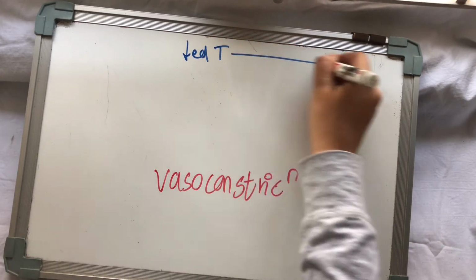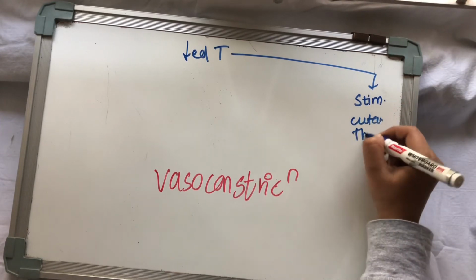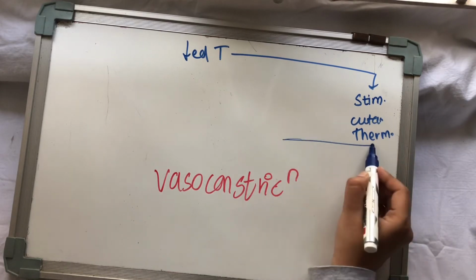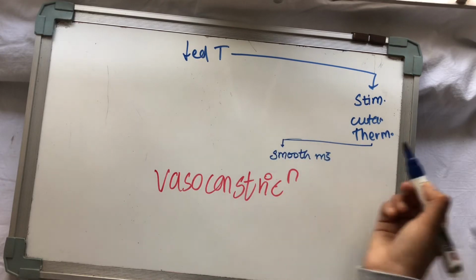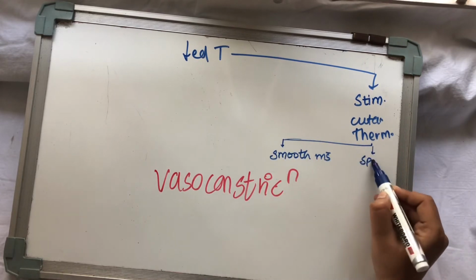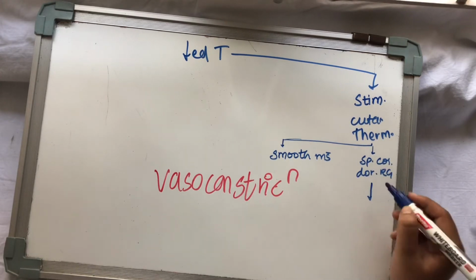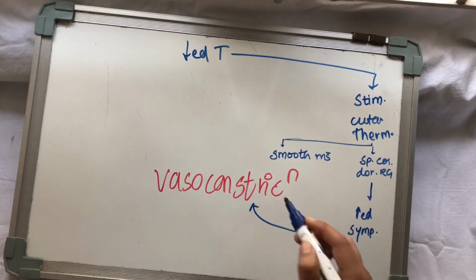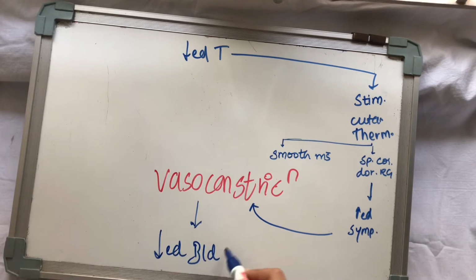Now let's move on to vasoconstriction. How does vasoconstriction occur? When there is a decrease in temperature, it stimulates cutaneous thermoreceptors. The stimulated thermoreceptors pass impulses to smooth muscles, which contract and cause vasoconstriction. Also, that impulse is passed to the spinal cord through the dorsal root ganglion, which increases sympathetic adrenergic activation and causes vasoconstriction.